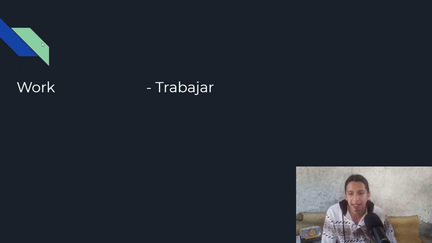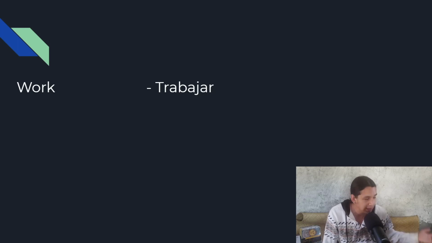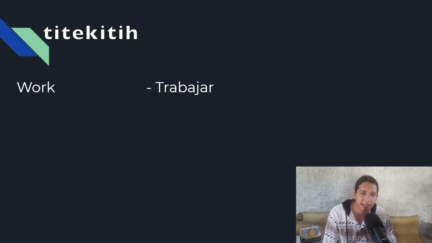So take a second to see if you can conjugate on your own how to say to work: I work, you work, she works, and we work. The first three we've learned before. Ni tequiti, ti tequiti, and tequiti. Our new form we've learned today, we, starts with the T and the H at the end. So it would be ti tequiti.